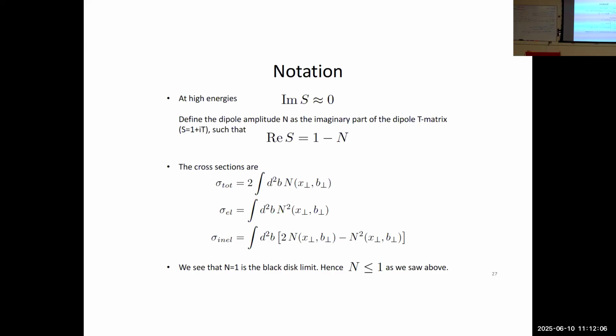Okay, so let me leave that formula over there. If we put it all together, the S matrix becomes, let me leave the unitarity limit as well. So S matrix of x perp, B perp, and center of mass energy s is just e to the minus 1/2 T of B perp d sigma q q-bar nucleon d2b.